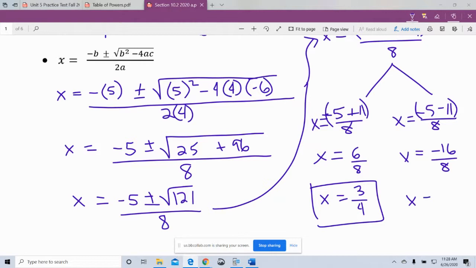And -16 divided by 8 is -2. So I believe that those are the two solutions of this quadratic equation. As with any equation, you should always check your solutions. I'm just going to do so on my graphing calculator right now.